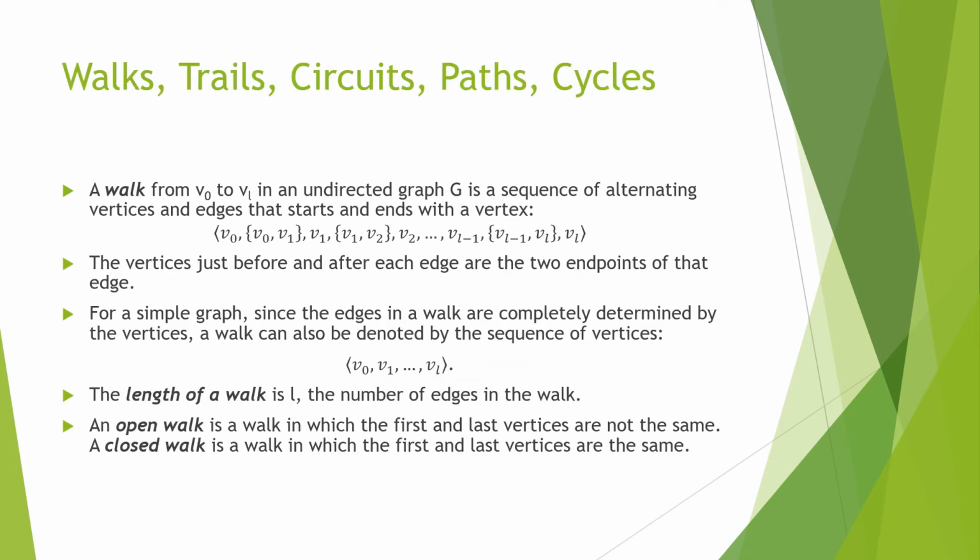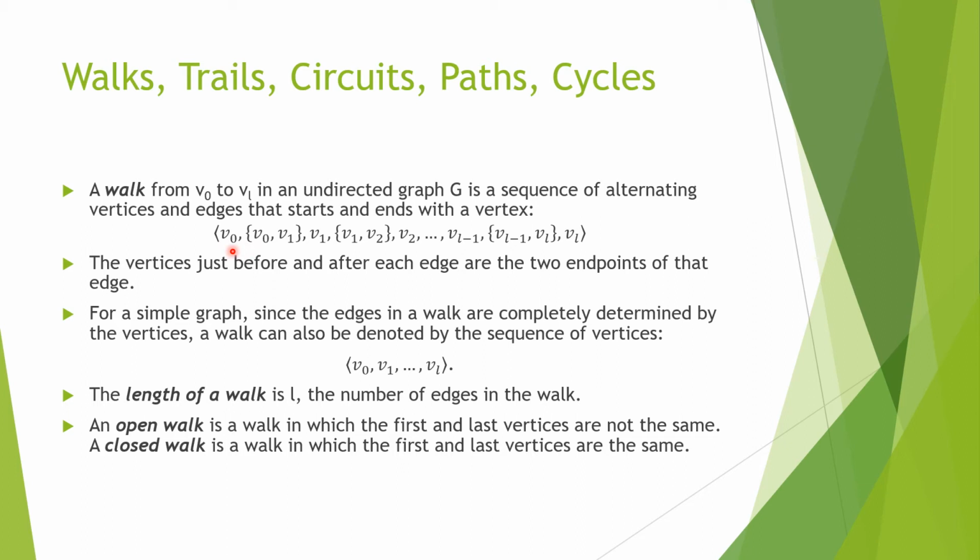Next, we define a walk between two vertices in a graph like G. We say a walk from V0 to VL in an undirected graph G is a sequence of alternating vertices and edges that start and end with a vertex.